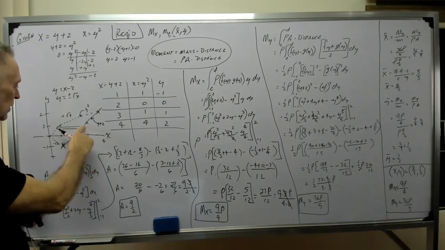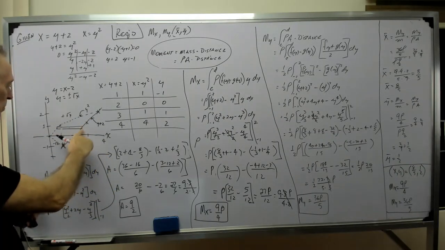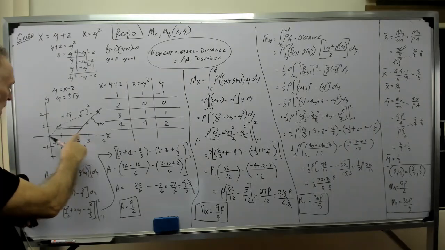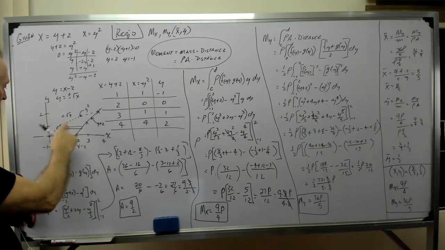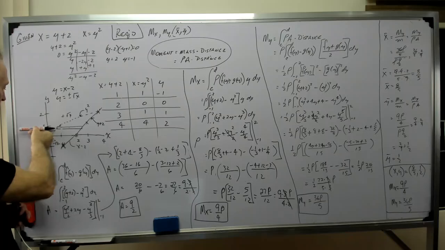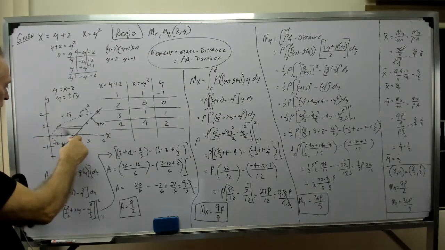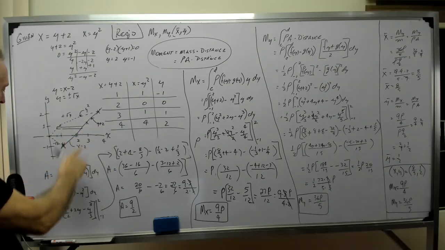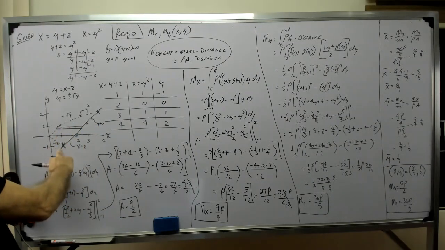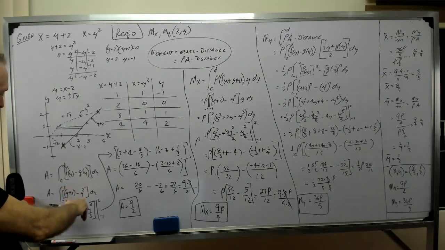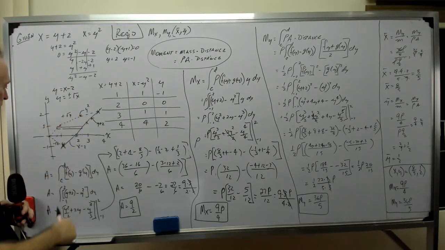So we can see this line provides me the larger x value than this line for a given y value. So I'd have this value of x or that value of x. So this becomes f of y. The y plus 2 is f of y. G of y then is the y squared term.